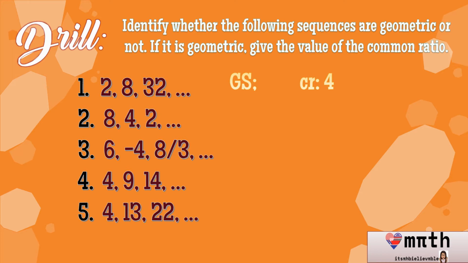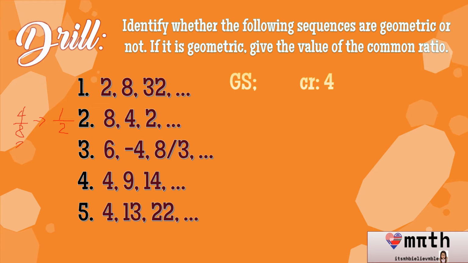For number 2, let us try to get if there is a common ratio. 4 divided by 8, that would be 4 over 8, which can be simplified to lowest terms as 1 over 2. Now, let us have 2 divided by 4.